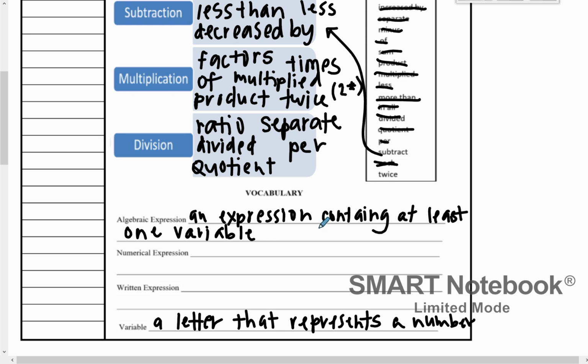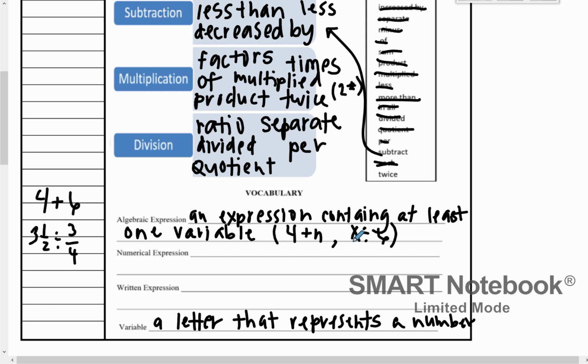So in the past, we've done numerical expressions where there's only numbers, so like 4 plus 6, okay, or 3.5 divided by 3/4. That's a numerical expression because it's only numbers. An algebraic expression might look something like this: 4 plus n, okay, or x divided by 6. It has a letter in it, a variable.